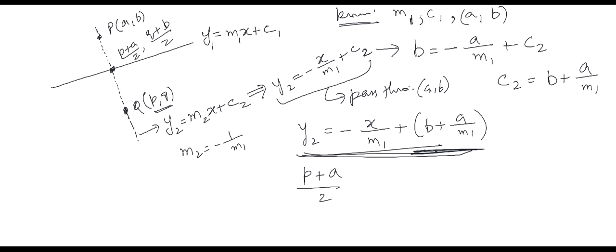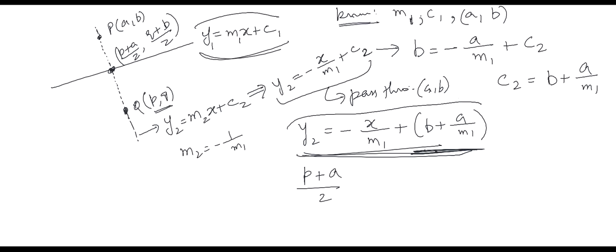So this is this point. Now both P and Q are unknown. So we will have equations involving this, because this point is passing through both the lines. Do you get that? Yes, through this line and also this line.